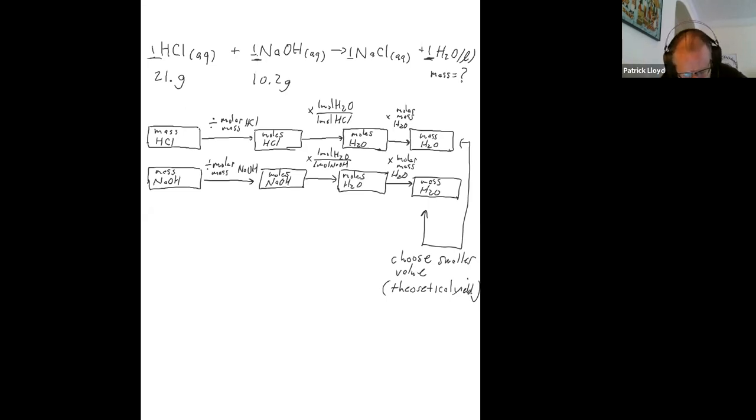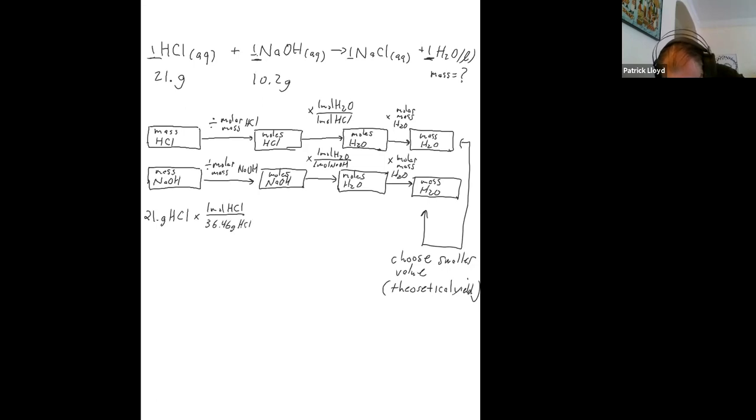And so let's start with the HCl. 21 grams of HCl. The molar mass of HCl, you got to get fast and good at this, right? The molar mass, hydrogen's 1.01, chlorine is 35.45. So if you add those together, you get 36.46. So you divide by it, right? So 1 mole of HCl divided by 36.46 grams.